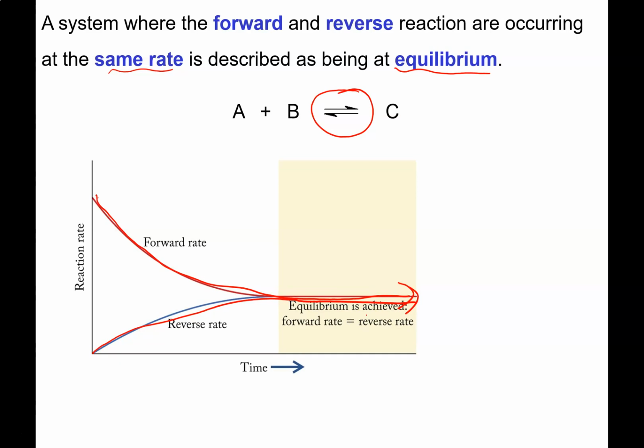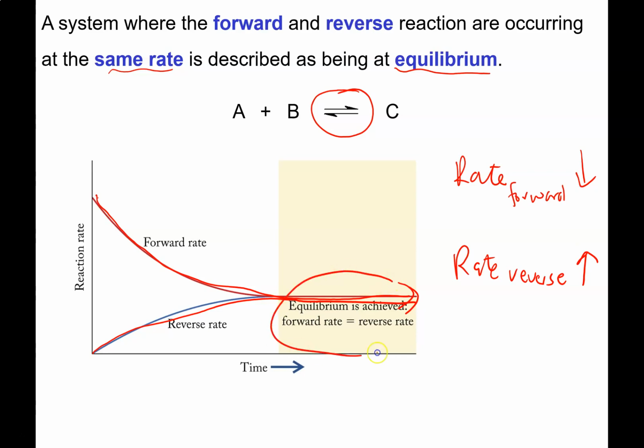And what happens is that the rate of the forward reaction decreases with time because we are consuming reactants, and the rate of the reverse reaction increases because we are producing products, and eventually they become equal, and when they do, we say that the system is at equilibrium.